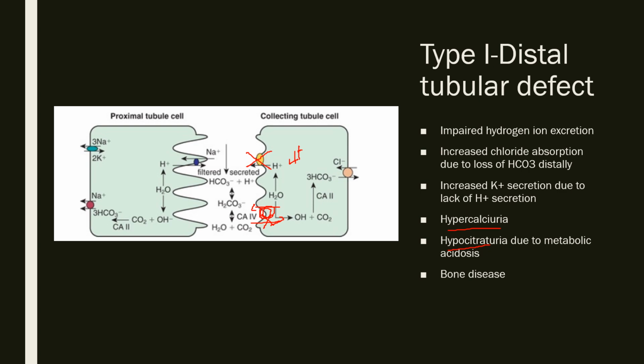So whenever there is a low urine citrate, whenever there is an alkaline urine pH, because there is no hydrogen in your urine, and whenever there is calcium also present in urine, the calcium which is not going to combine with citrate is sitting free. This will combine with phosphate and form calcium phosphate stones. This can deposit in tubules, this can deposit in kidneys, causing nephrolithiasis and nephrocalcinosis, which is very classical of distal tubular defect.